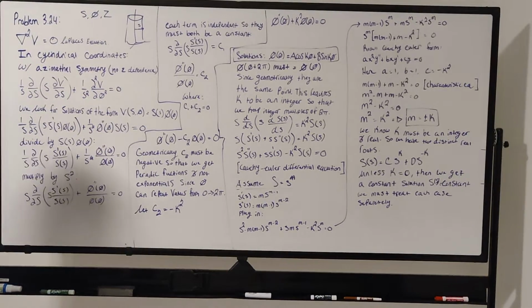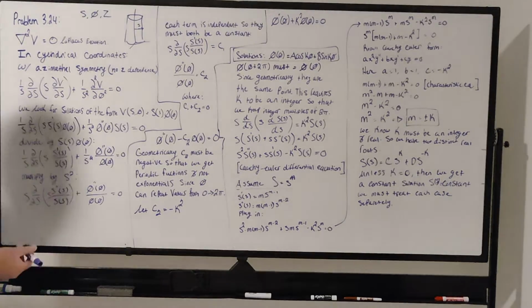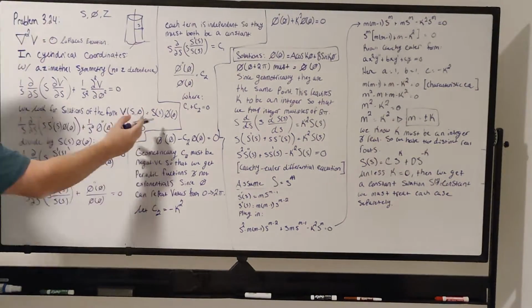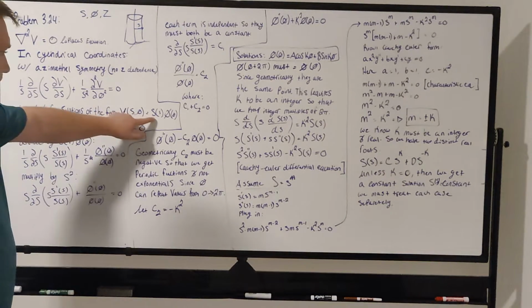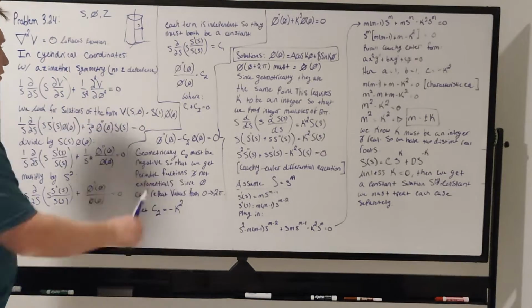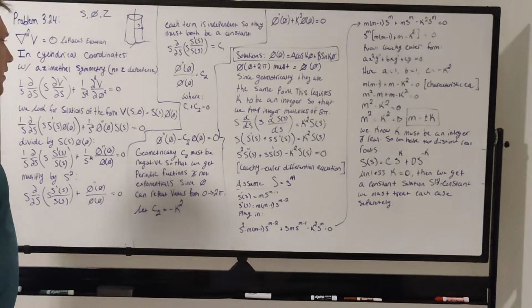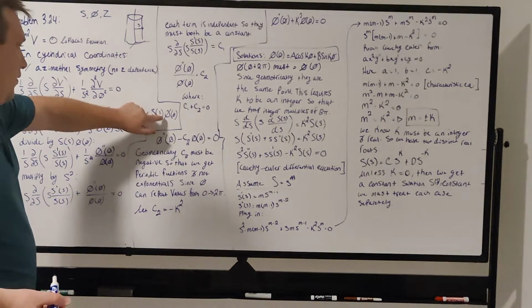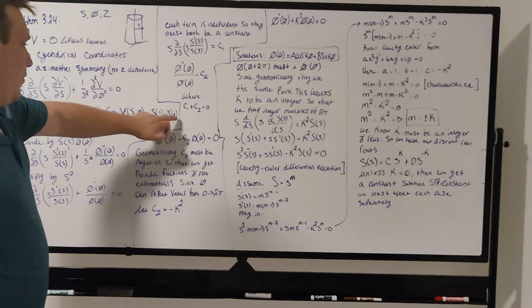All right, so using separation of variables, we look for potentials as a product of two different functions that are independent of each other. We have a capital S, which is a function of little s, and then a big Phi, which is a function of little phi.